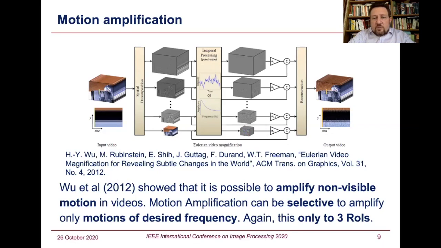So we're using this approach to amplify the blood flow in the face. And of course, we can select the desired frequency of the motions that we need to amplify. And because we know that this is blood circulation, we know the frequency of the blood flow, and we regulate this as well. Of course, this is applied only to three regions of interest and nowhere else.